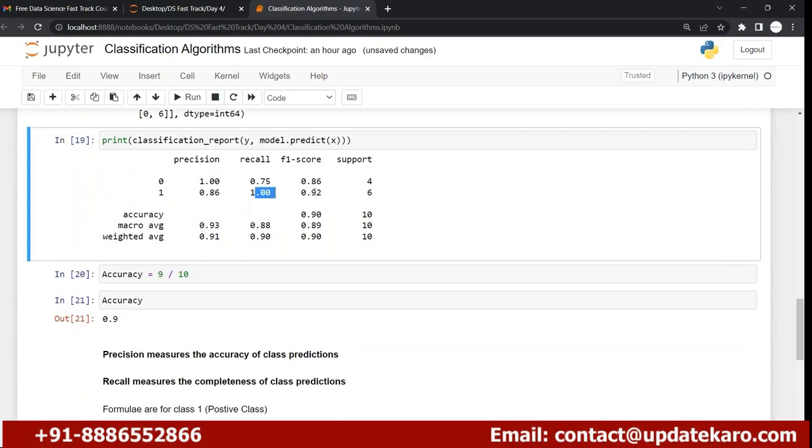Then what about the F1 score? We discussed accuracy, precision, recall, support. F1 score is nothing but the harmonic mean of precision and recall.